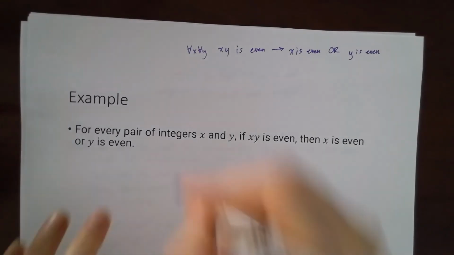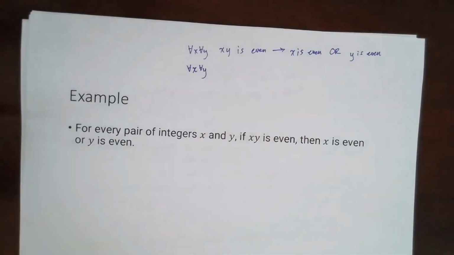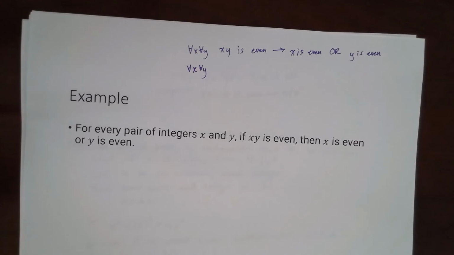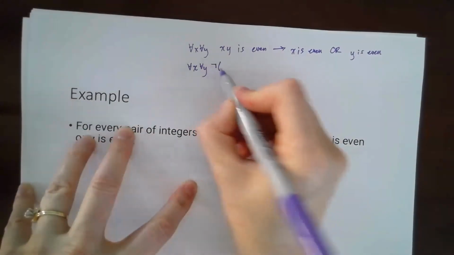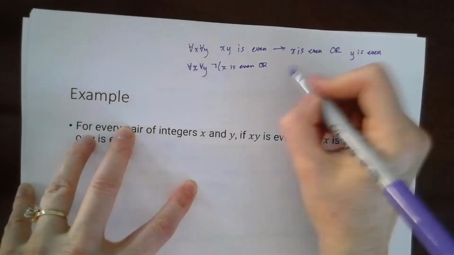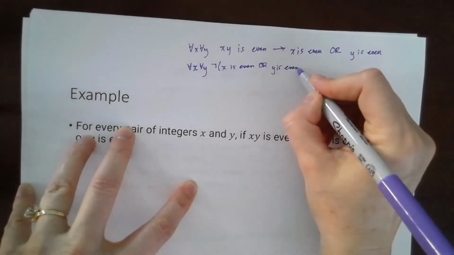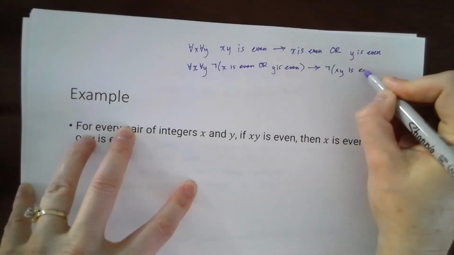So let's think about the contrapositive and why that might be a desirable thing. First of all, what would the contrapositive be? Yeah, x is odd or y is odd. And we have to use De Morgan, right? I'm going to write this out just so it's really clear. If we did not x is even or y is even, then not xy is even, right?